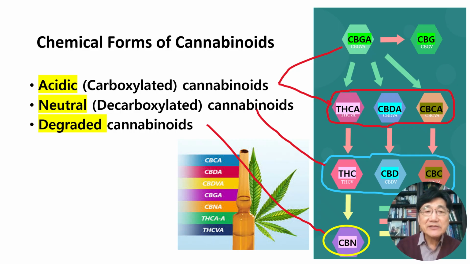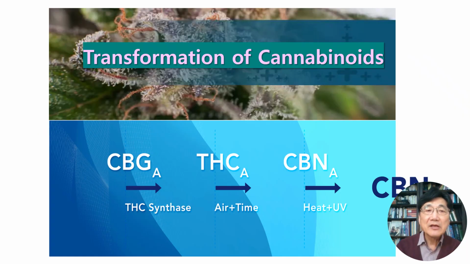They are less psychoactive. For example, CBN and delta-8 THC belong to degraded cannabinoids. Phytocannabinoids readily transform from one form to another during biosynthesis in the plant and during the storage period after harvest.